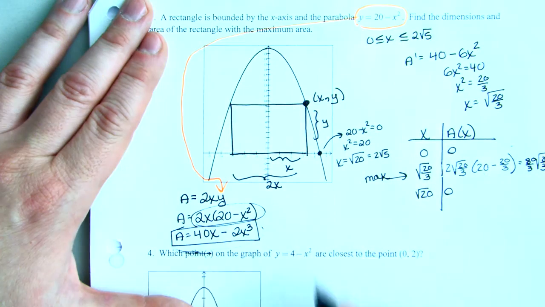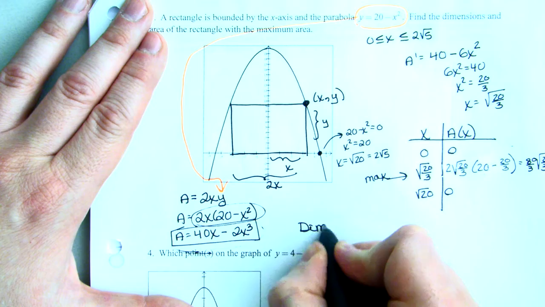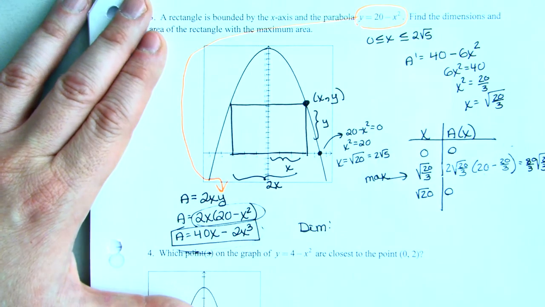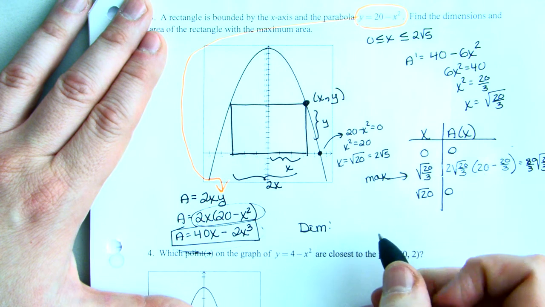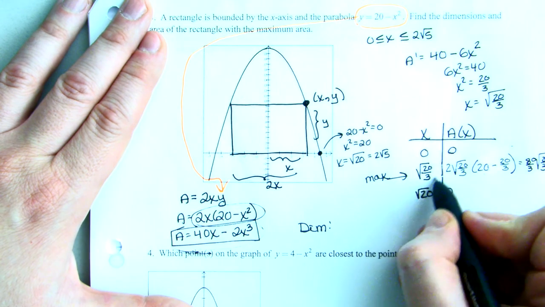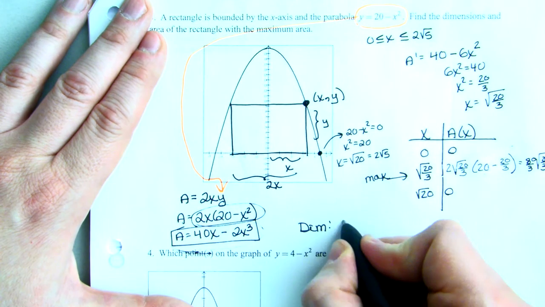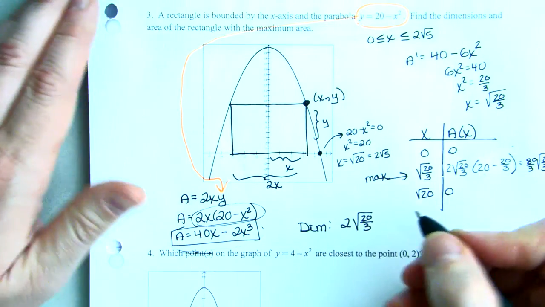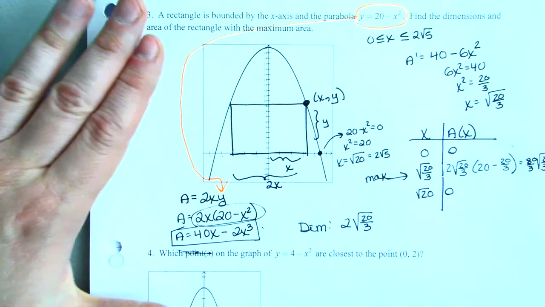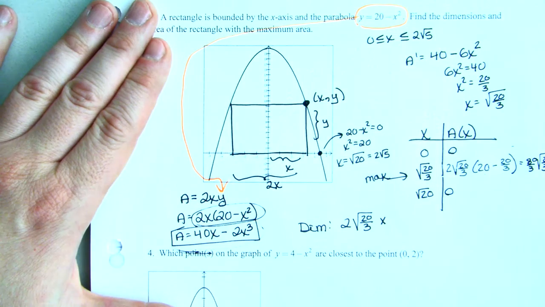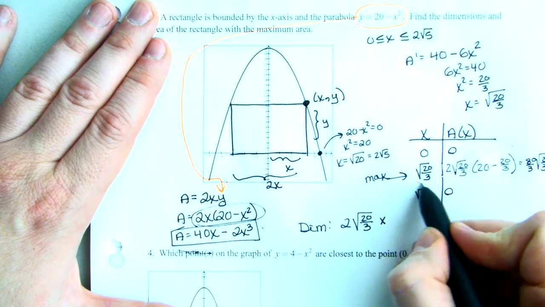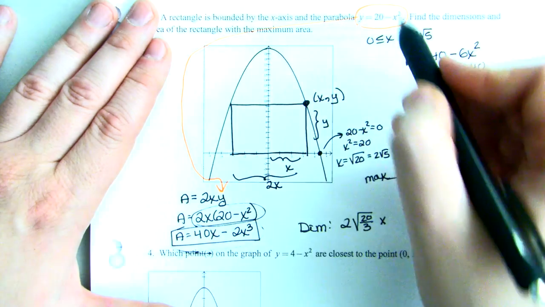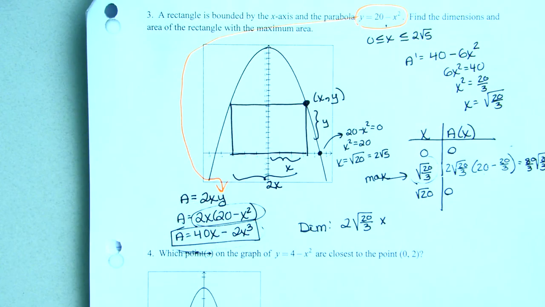What are my dimensions? Well, the base of my rectangle is 2x. I know that x is root 20 thirds, so the base is going to be 2 root 20 thirds. No units because we're just on the coordinate plane. The y, we need to go plug root 20 thirds into our formula for y.